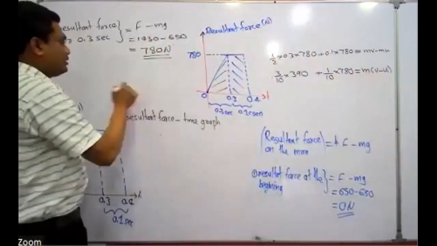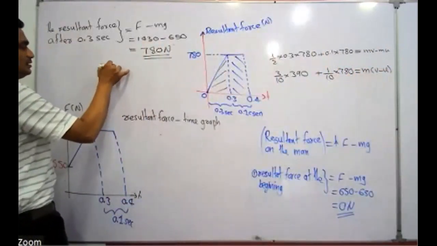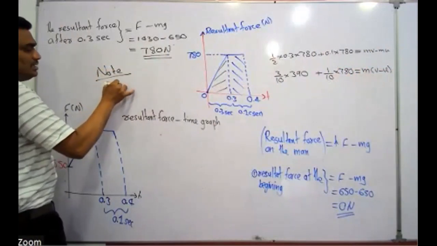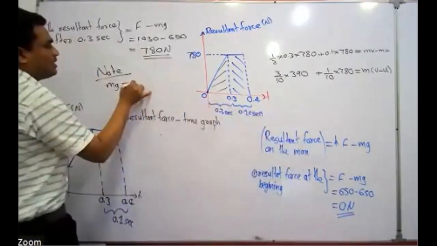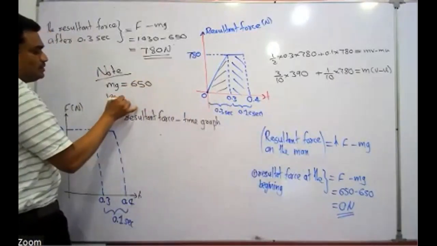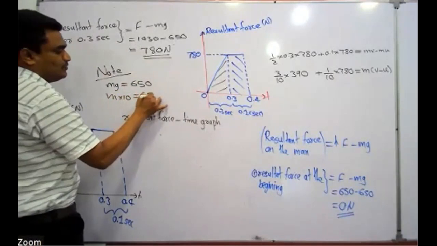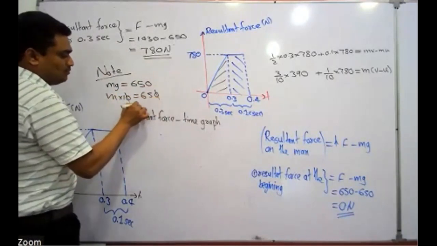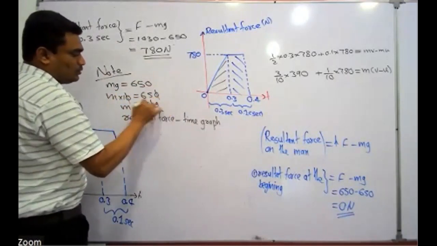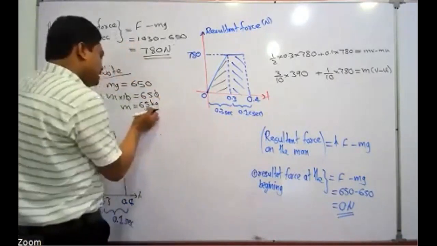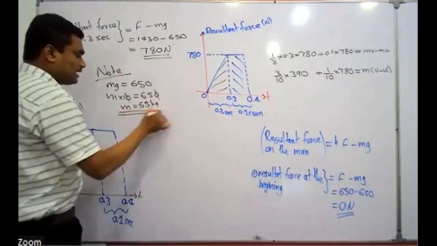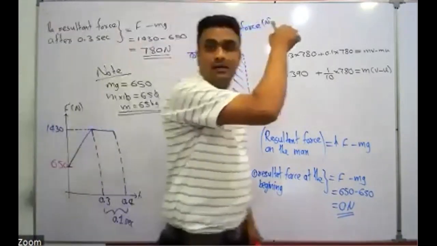Now, mg is 650, so what should m be? mg is 10 times m equals 650, so m equals 65 kilograms. Can you do the rest and find v?